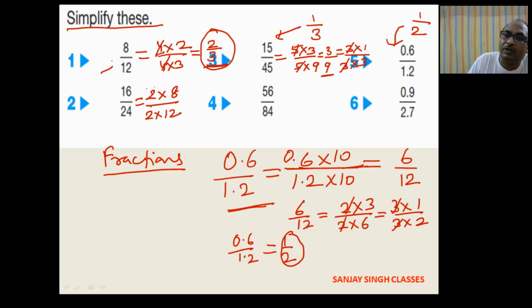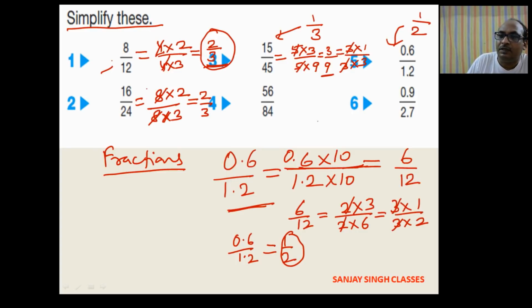If we take 8 common, we can write 8 into 2 by 8 into 3. If we are aware of the bigger number, we can take it as the common factor. It should be common to both numerator and denominator, then only can we take it. Here 8 is common to both numerator and denominator. So this 8 and 8 get cancelled and we get 2 by 3.